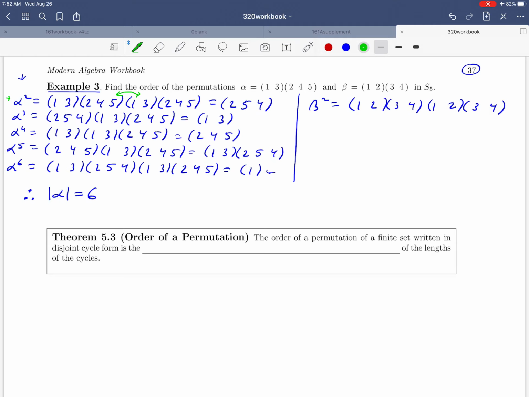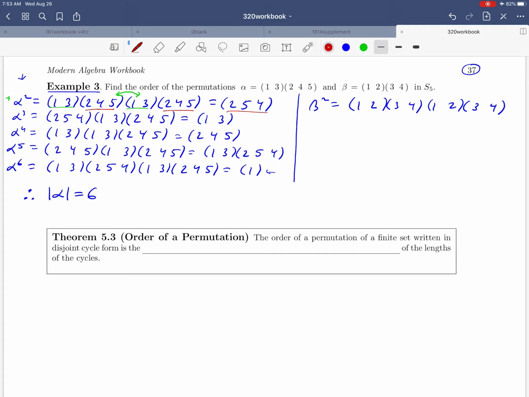Noticing that makes this calculation easy, because if you make that switch, you've got (1 3) composed with itself, which is going to be the identity, because you've got a 2-cycle composed with itself. And so really, all you had to do was take (2 4 5) and compose it with itself, because the (1 3)'s went away, and that's where the (2 5 4) came from.